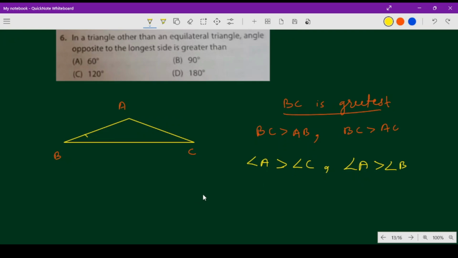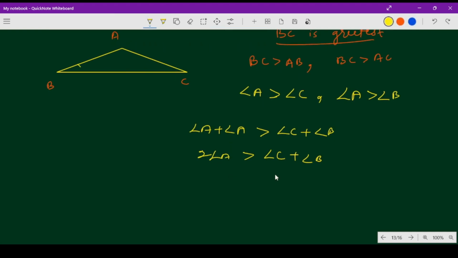Now, if we add both of these, angle A plus angle A is bigger than angle C plus angle B, which means 2 times angle A is bigger than angle C plus angle B. Now further, if we add angle A on both sides, we get B plus C over here, and the sum of the angles will form. So 2 times A, adding angle A on either side.